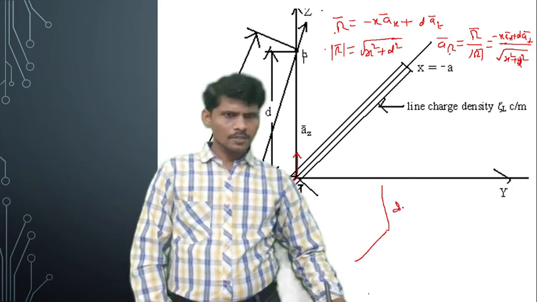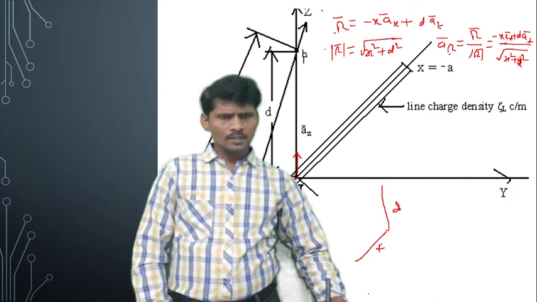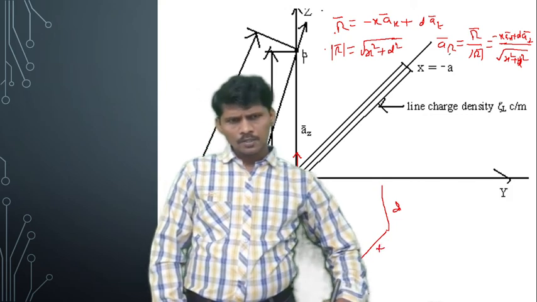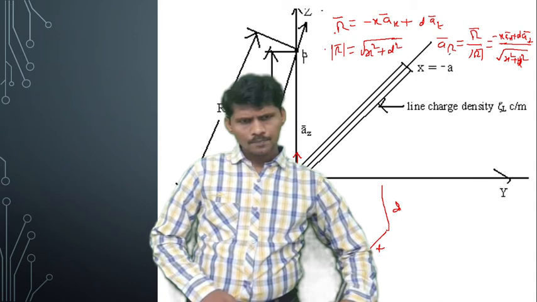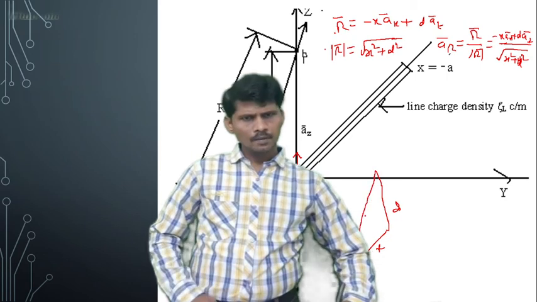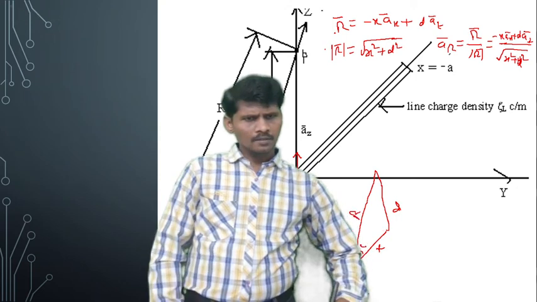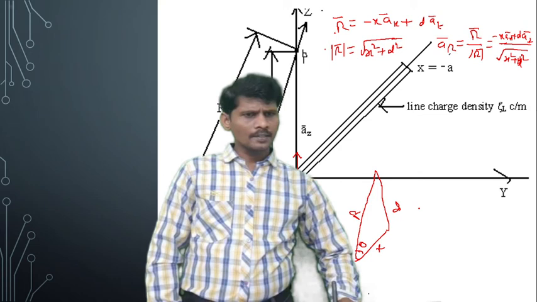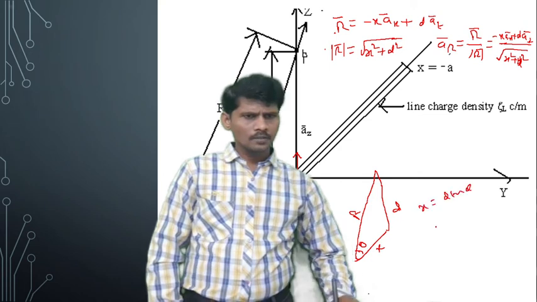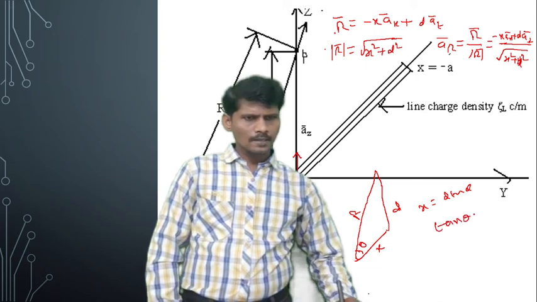What is this distance? x meters. And what is this distance? This distance is capital R, and this is angle theta. So from this figure, what is tan theta? x is equal to d tan theta, so tan theta is equal to x by d.